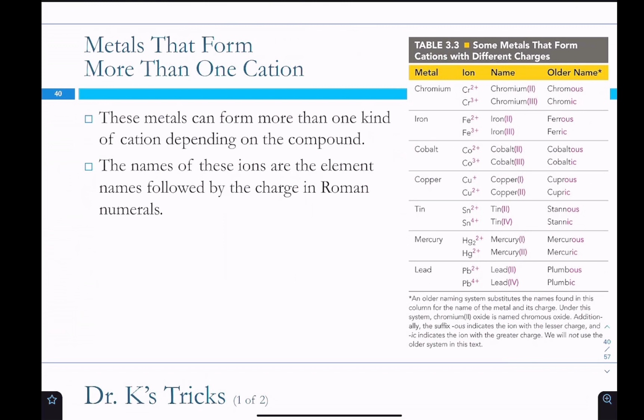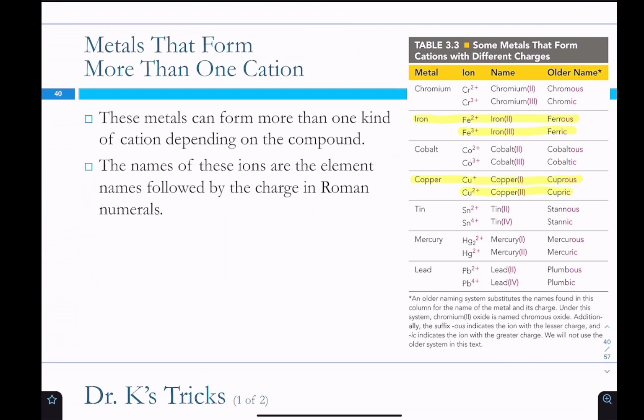The names of the ions are the element names followed by the charge in Roman numerals. That's primarily what I want you to learn. Let's see, which ones do I actually think are worth learning? I'll put these together in a list, but I think especially iron, ferrous and ferric, and then the copper ones, cuprous or cupric.